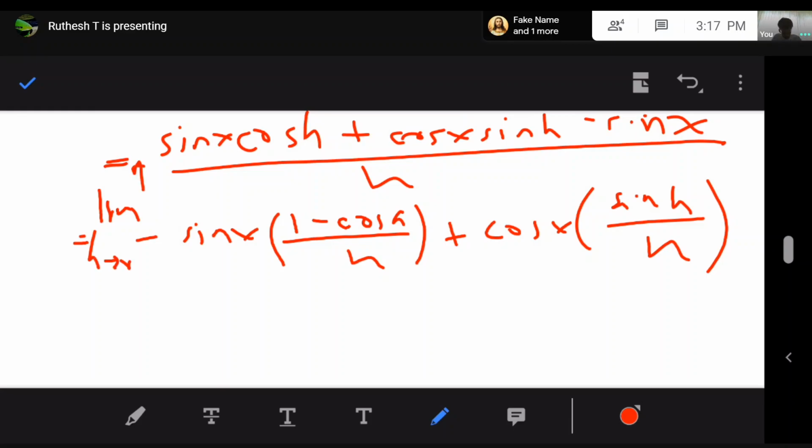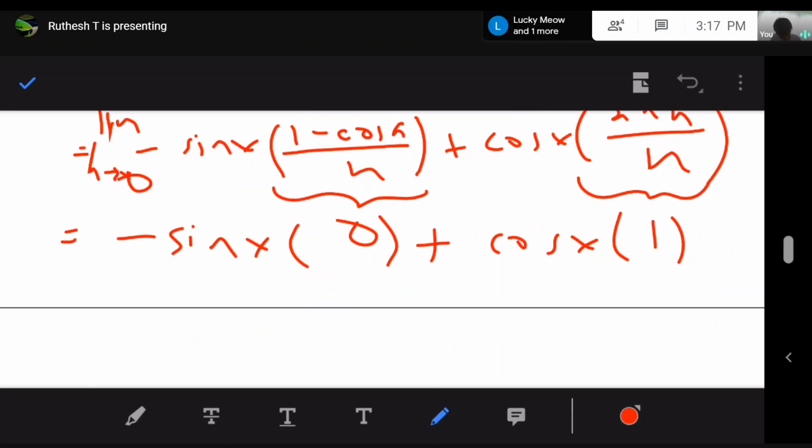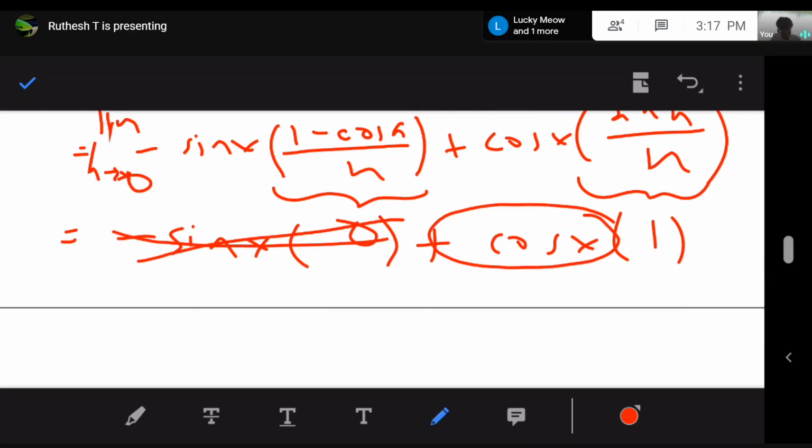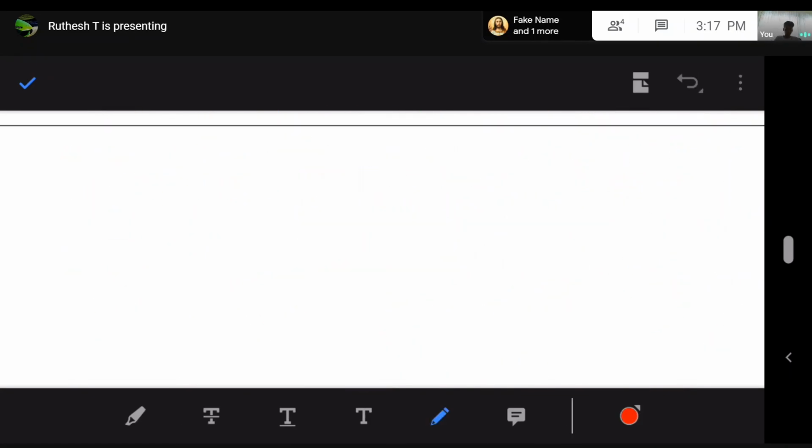And when you compute this, you get the limit as h approaches 0 of this is 0, and then this is 1. So you got negative sine x times 0 plus cosine x times 1, and then this term cancels, and you're left with the derivative of sine x is cosine. And you can do the same thing with derivative of cosine x. You just follow the definition of a derivative, and you'll end up with negative sine x.